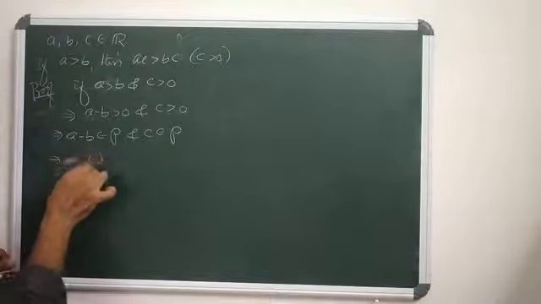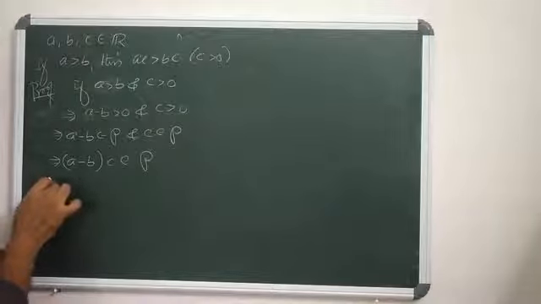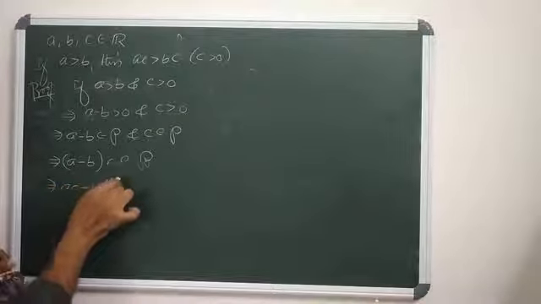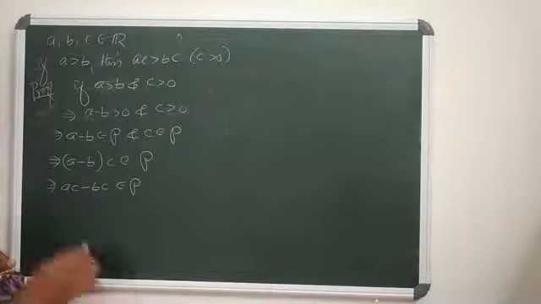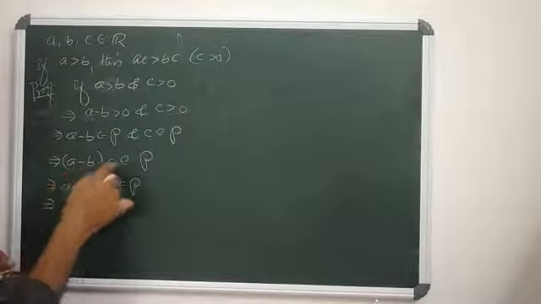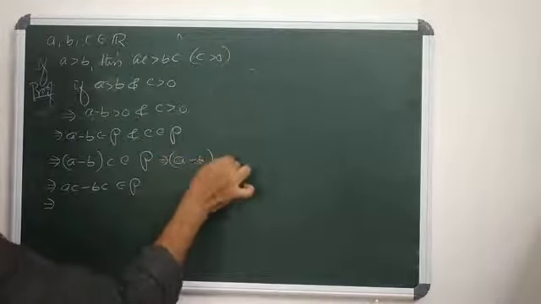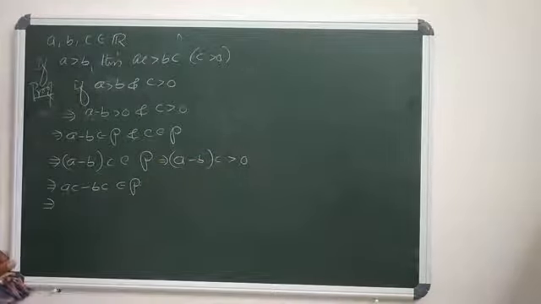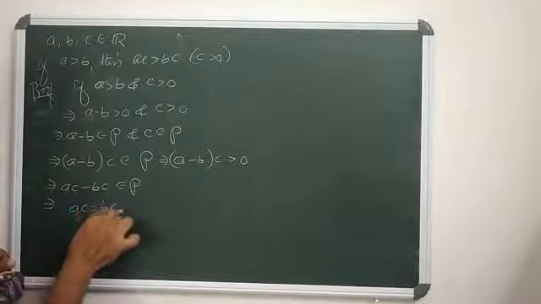That means A minus B into C also falls in P. So by the distributive law, AC minus BC falls in P, because it is closed under multiplication. So A minus B into C should be positive. That means AC is greater than BC.